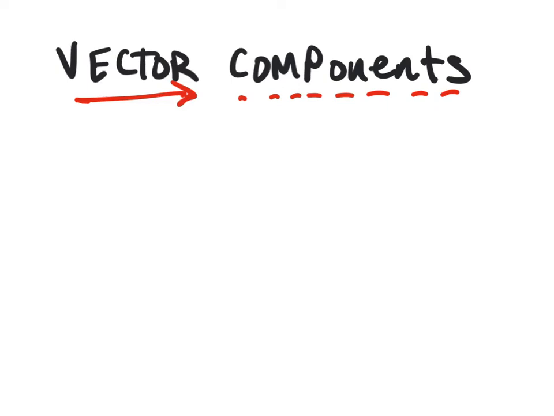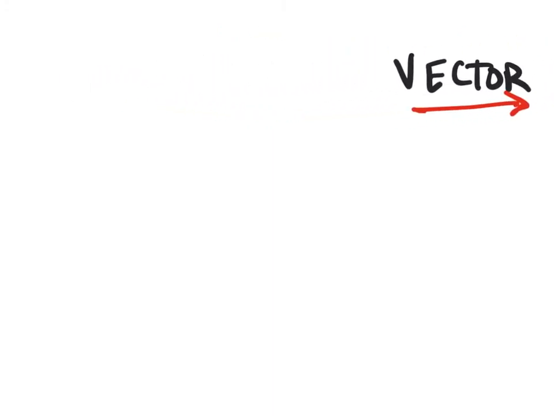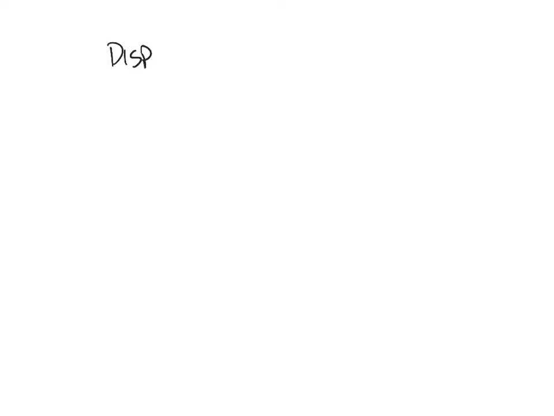Okay guys, in this video we're going to talk about something called vector components, which I'm actually going to come to in a second. But before we do, I want to revisit something we talked about in the last video, and add to that discussion. In the last video we were talking only about displacement vectors.